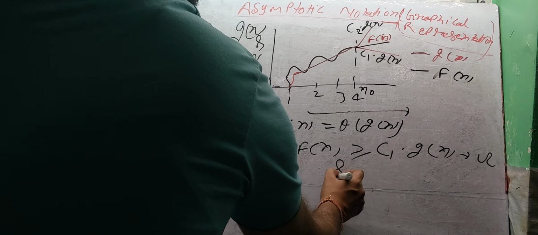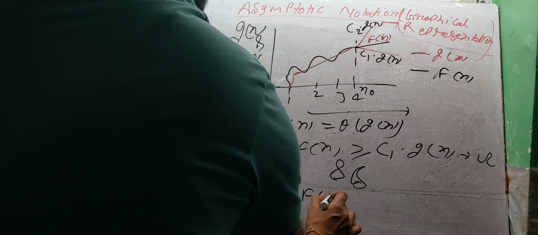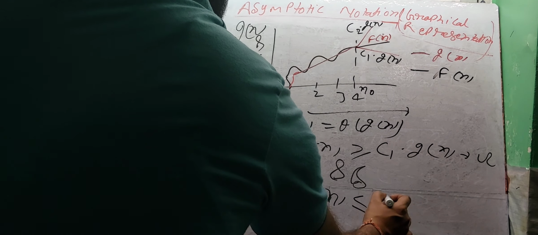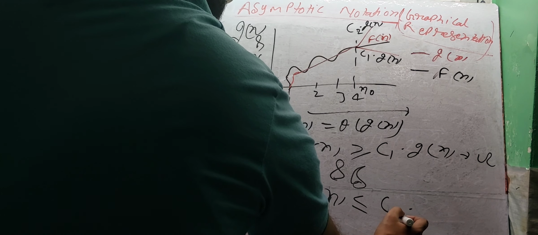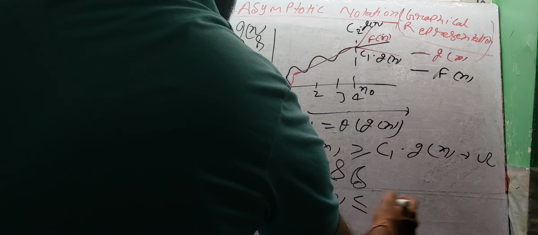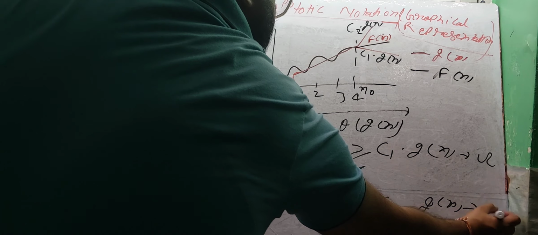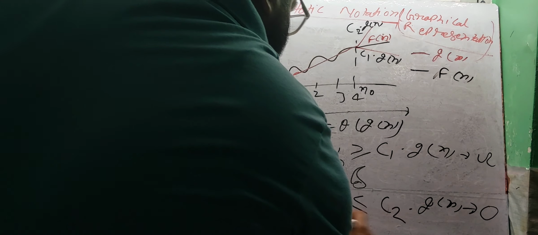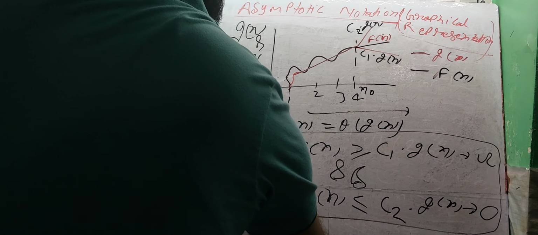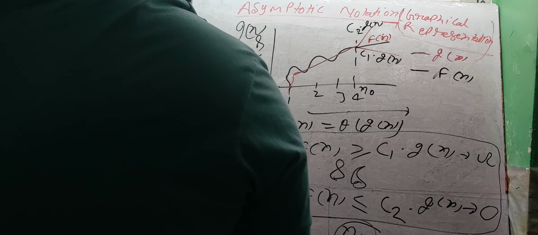And second, f of n is lesser than or equal to c2 dot g of n. This is nothing but big O. For constants c1 and c2 and some n naught.